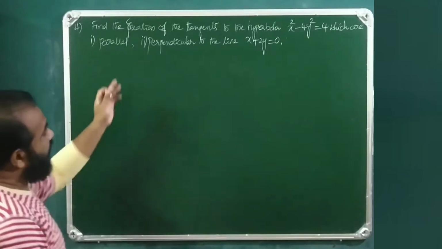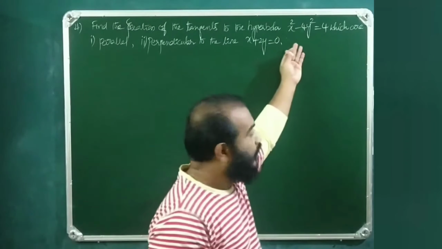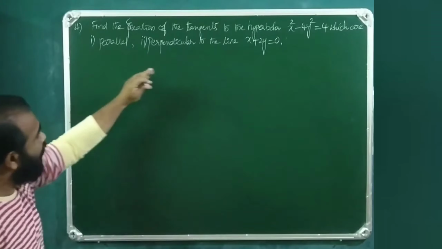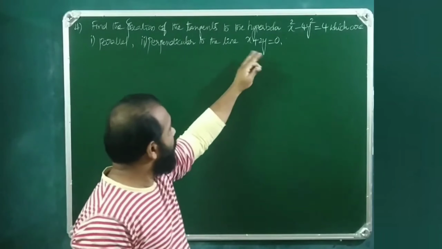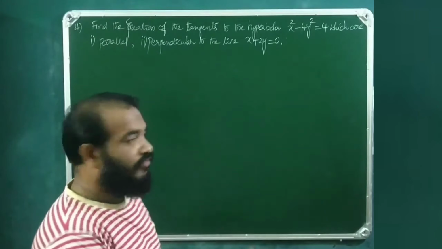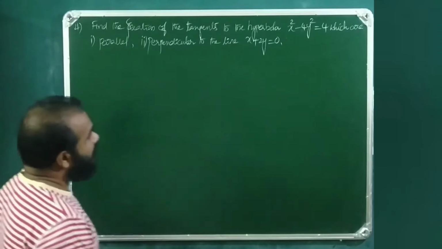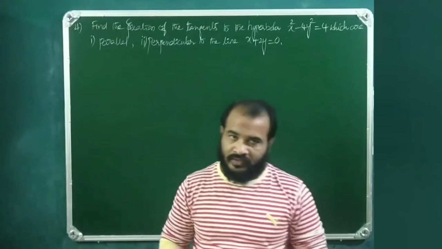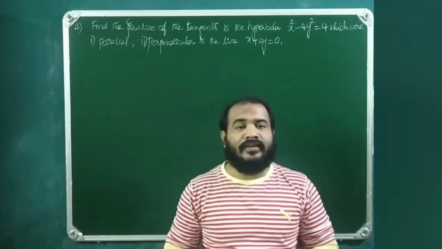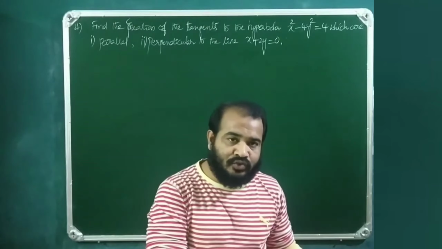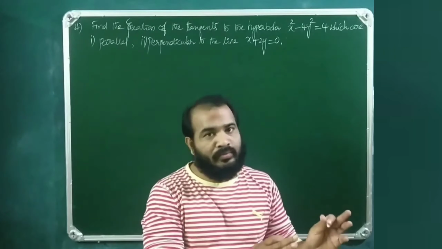Find the equation of the tangents to the hyperbola x square minus 4y square equals 4, which are parallel, second bit perpendicular, to the line x plus 2y equals 0. This is the question given. Since there is no mention of a point P(x1, y1), the equation of the tangent to the hyperbola at P(x1, y1), T equals 0, is not going to be used.